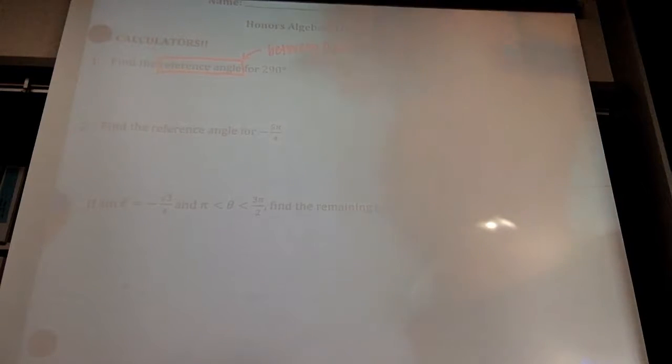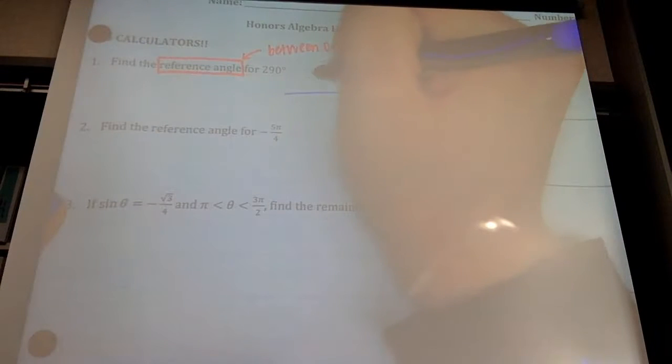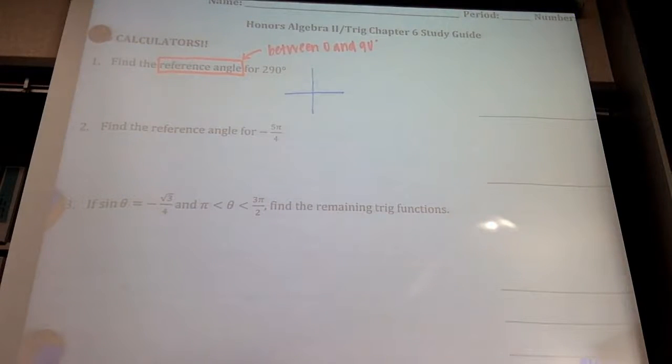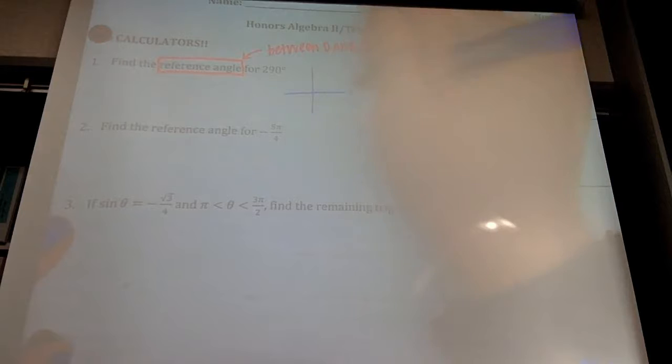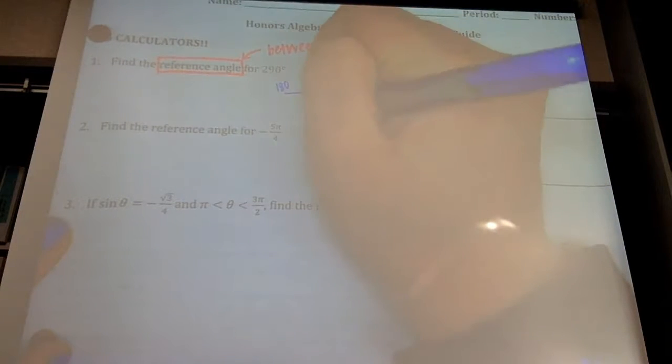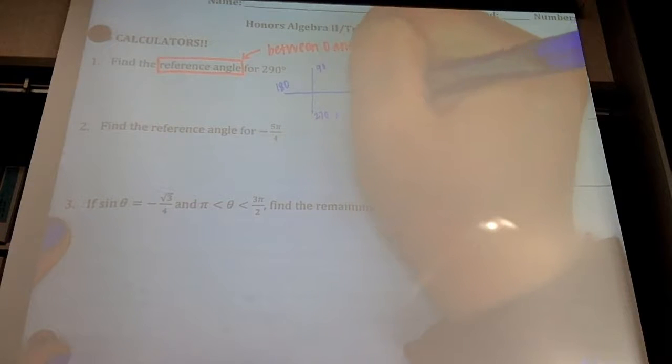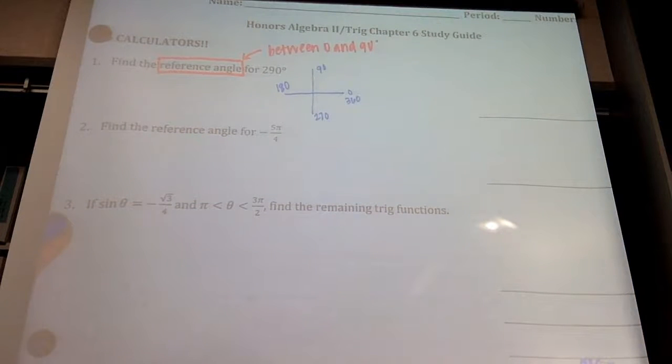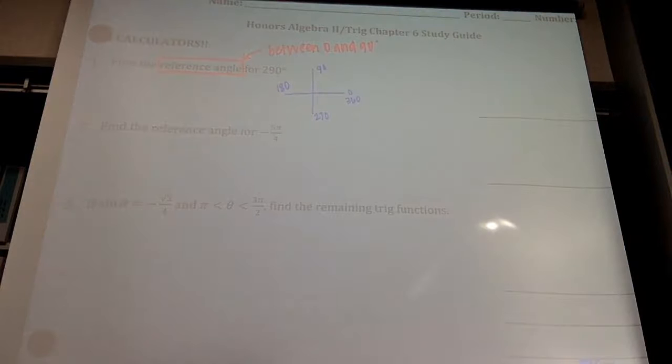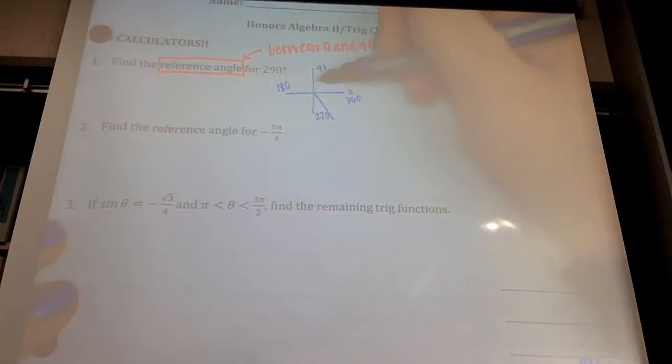So for 290, if I were to graph my coordinate plane, remember we have 0, 90, 180, and 270, and then back up to 360. So if I'm looking at 290, 290 is in quadrant 4, so it's at about here. So we've gone this whole distance, looped around, and we've gone to 290.